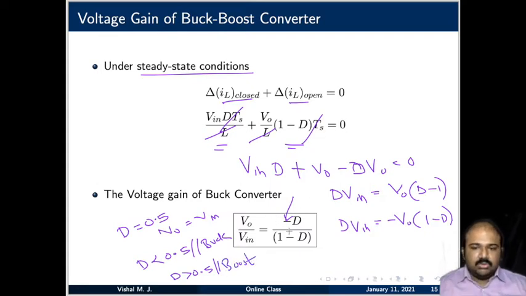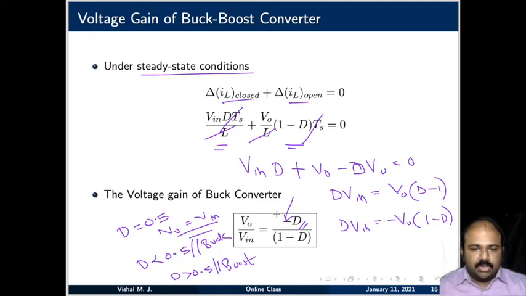Thus, just by choosing the duty ratio, you will be able to get a voltage less than the input voltage, equal to the input voltage, or more than the input voltage. So, any voltage below or above the input voltage can be attained by a proper choice of the duty ratio d. The flip side of the circuit is that you have a reversal of the polarity at the output.